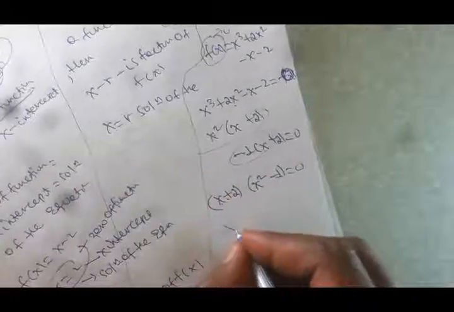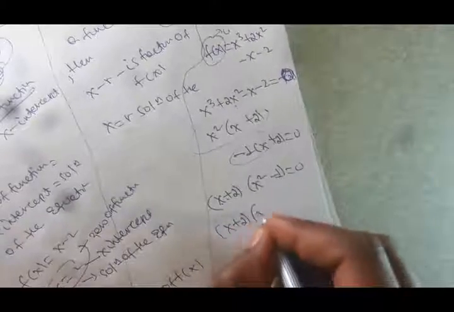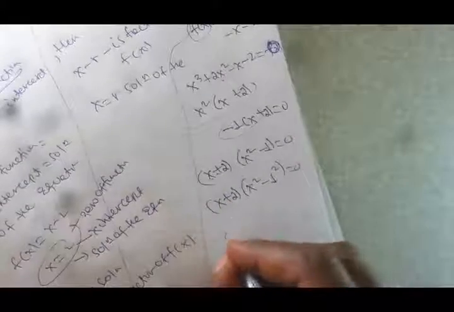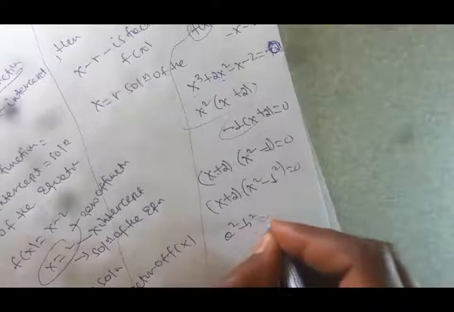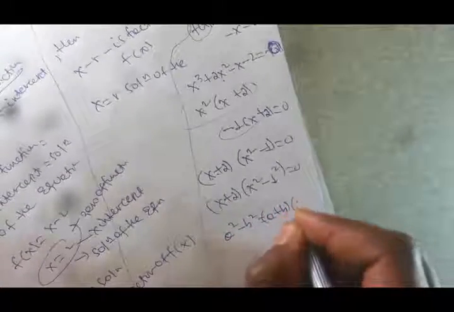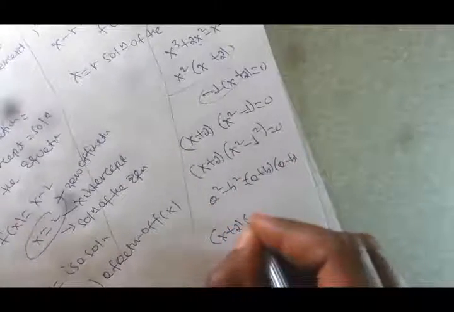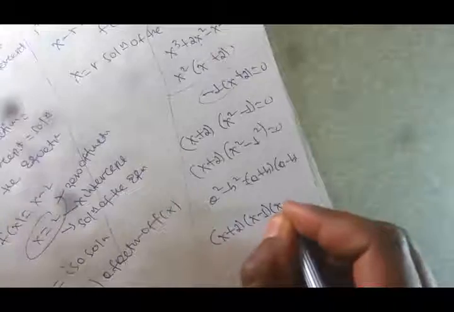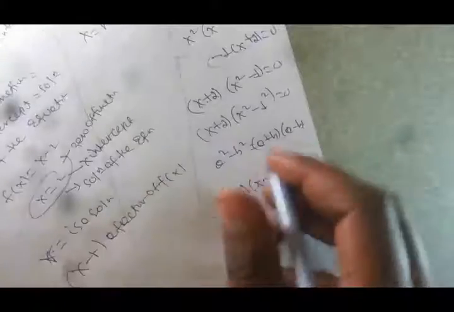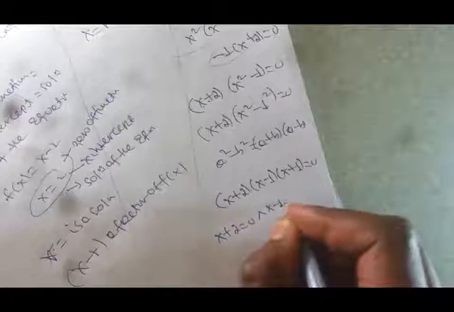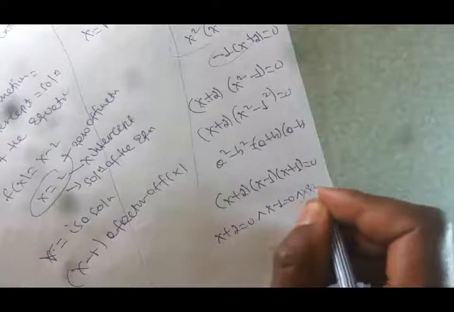And we know that x plus 2 times x squared minus 1, where 1 can also be written as 1 squared, is equal to 0. And we know that a squared minus b squared is equal to a plus b times a minus b. Therefore, x plus 2 times x minus 1 times x plus 1 is equal to 0. Therefore, x plus 2 equals 0, or x minus 1 equals 0, or x plus 1 equals 0.